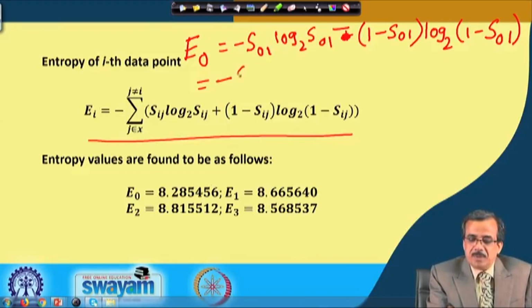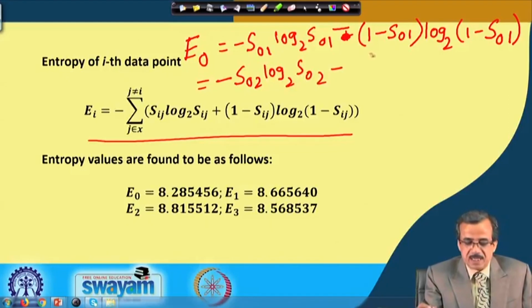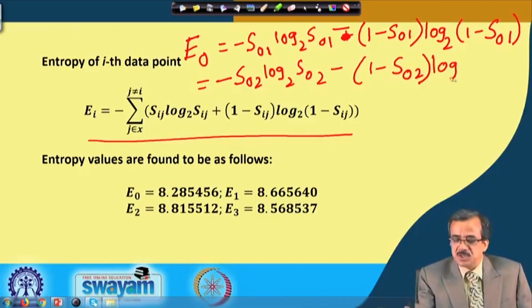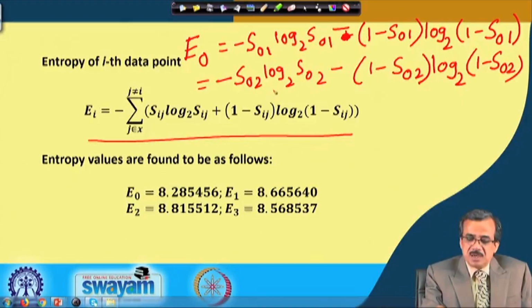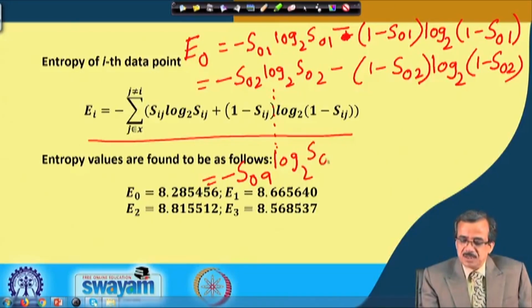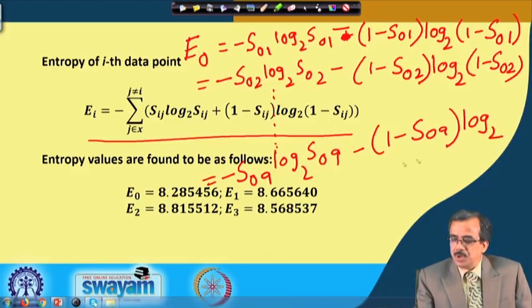So, this will become minus p_02 log base 2 p_02, minus (1 minus p_02) log base 2 (1 minus p_02), and this I will have to write, and the last term will be as follows: p_09, then comes log base 2 p_09, minus (1 minus p_09) log base 2 (1 minus p_09).